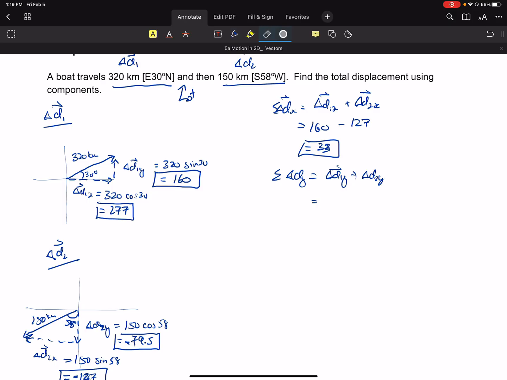Oops, sorry, I did the wrong one here. This is 277. So when you do that, it's going to be 150. Okay, sorry, I made a little mistake there. So 160 minus 79.5 is 80.5.